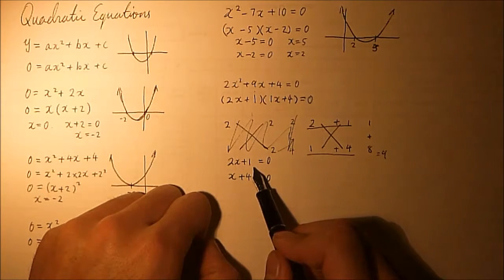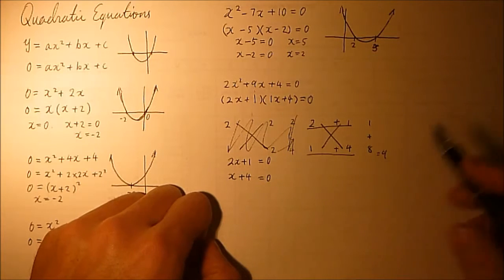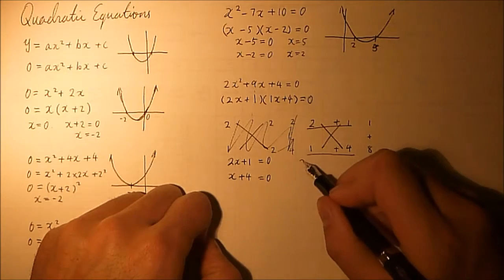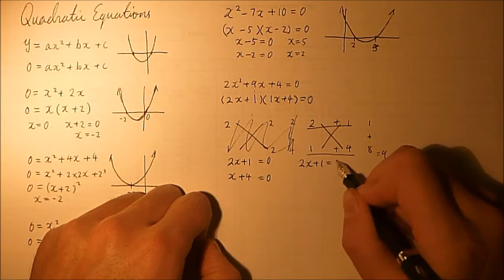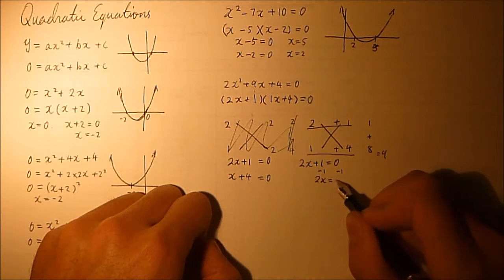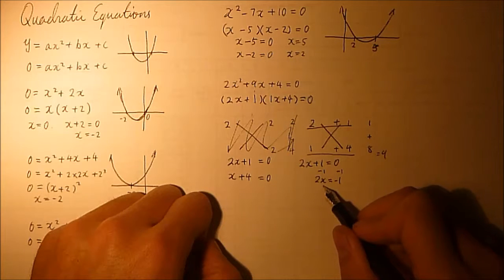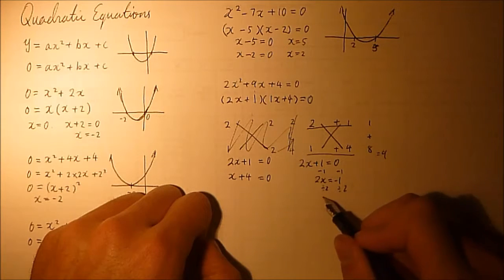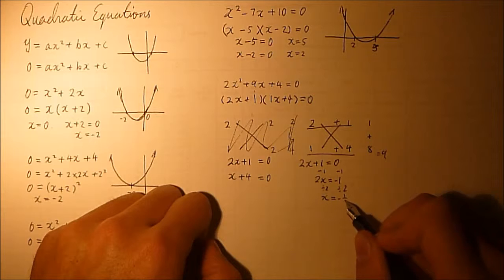Notice that if you can't see the answer straight away, this is just another small algebraic equation: 2x plus 1 equals 0. We subtract 1 from both sides, we have 2x equals minus 1. Then we divide both sides by 2, and x equals negative a half.